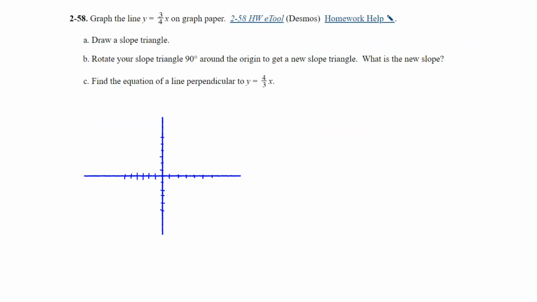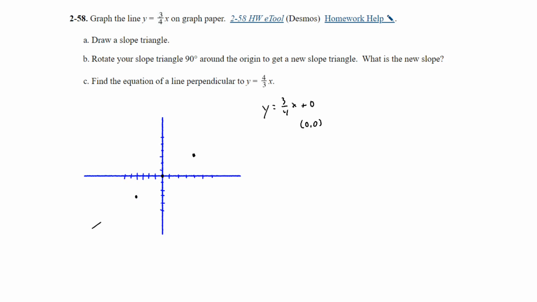Question 58. Graph the line y equals 3/4 x on graph paper. Draw a sloped triangle. So y is equal to 3/4 x. And then there's nothing else there, so that's a plus 0, which means it goes to the origin. And it has a slope of 3/4, so we can go up 3 and to the right 4. We can also go down 3 and to the left 4.